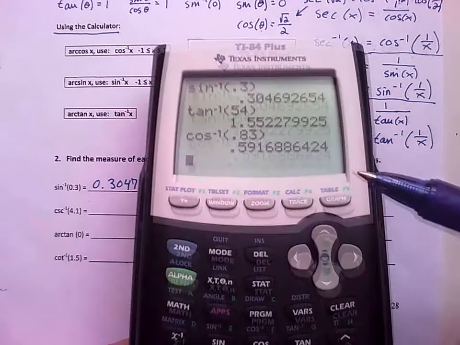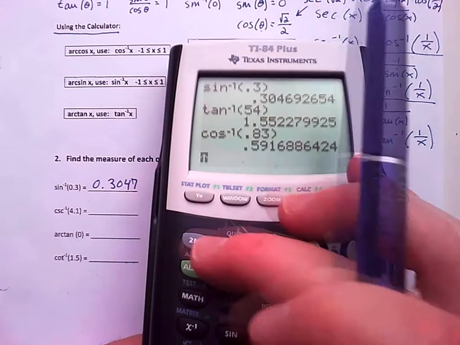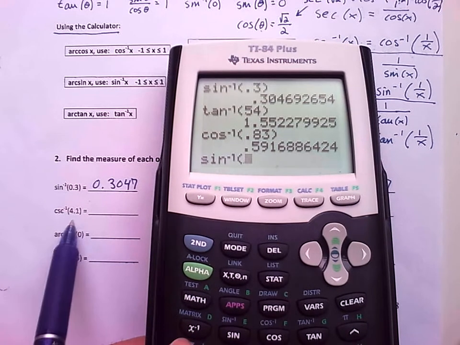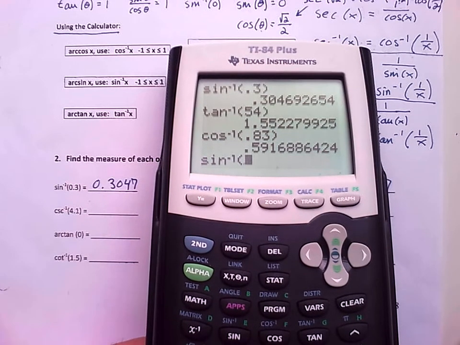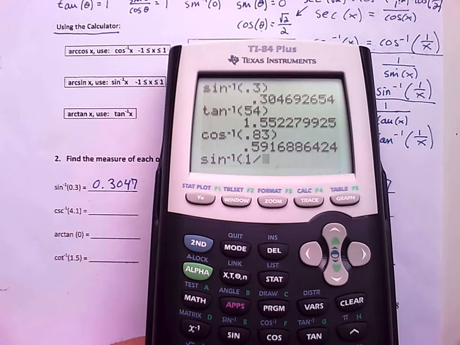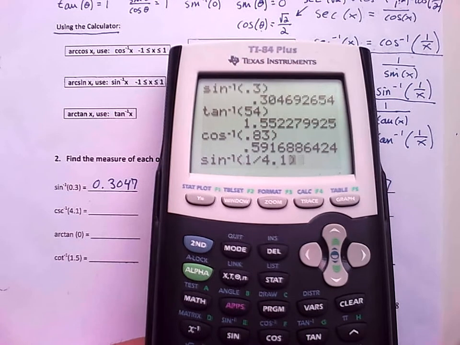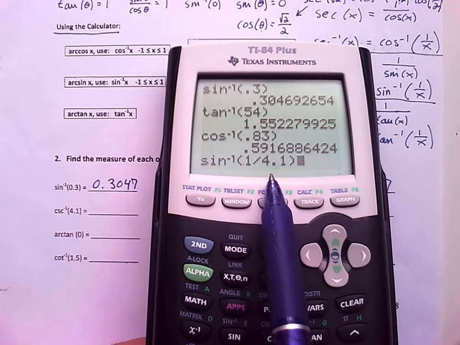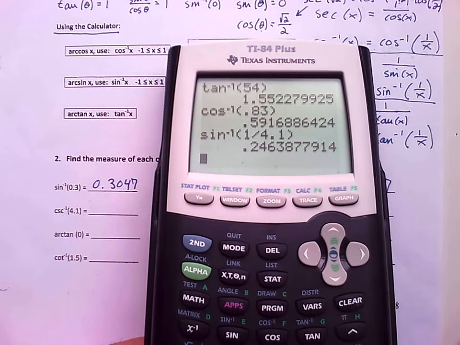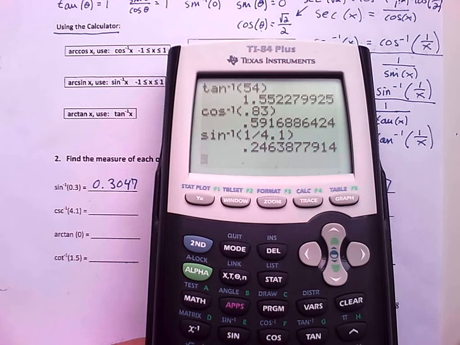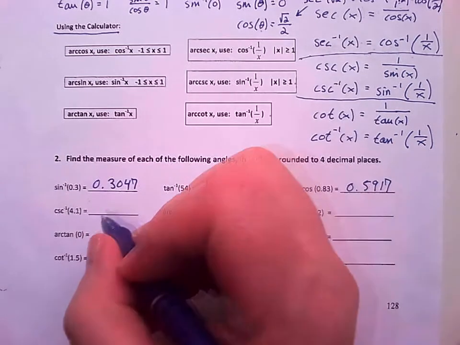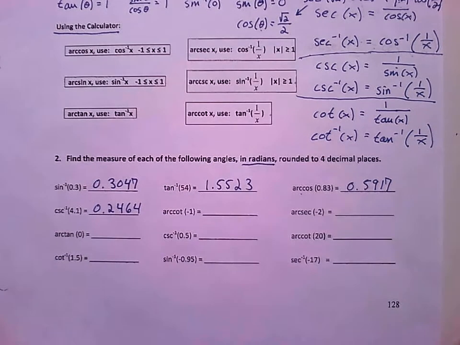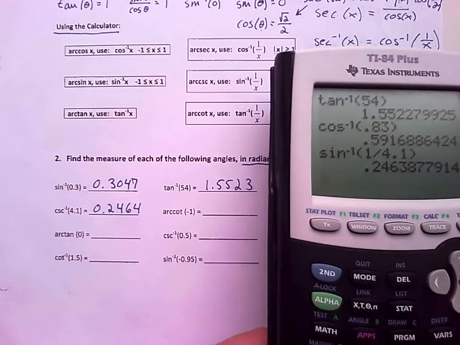So we use second sine to get the arc sine of 1 over 4.1. Because here we're plugging in 4.1, so here we need to plug in 1 over 4.1. If we hit enter now, we're going to get 0.2464, if we round it to 4 decimal places.